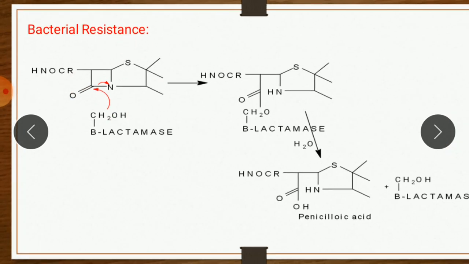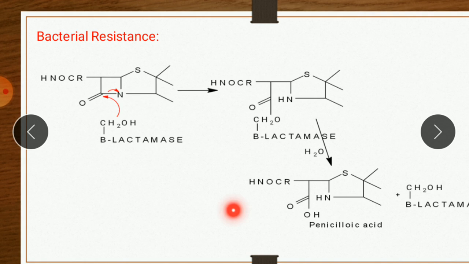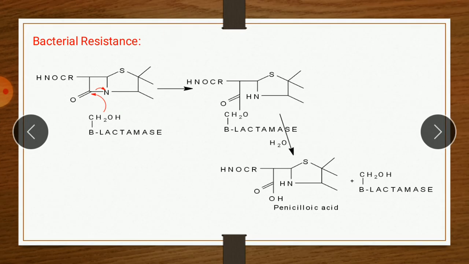So this is the general structure of penicillin. The beta-lactamase enzyme present in the bacteria contains a CH2OH group, that is a hydroxyl group. So here CH2O minus acts as a nucleophile. It attacks the carbonyl carbon of the beta-lactam ring. The beta-lactam ring means this 4-member ring.